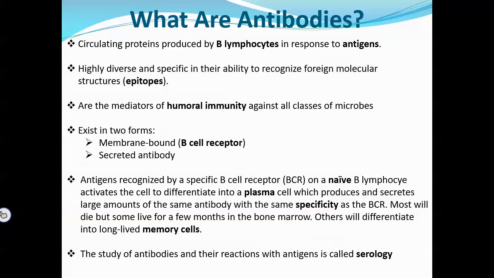When the B cell via the receptor has been stimulated on recognition of an antigen and makes antibodies, these B cells differentiate into what are called plasma cells. So these are fully dedicated cells that proliferate, and their only role is to make and release these antibodies. Once the antigenic load has been reduced, once the infection has been dealt with, most of those antibody-producing plasma cells will die, but some of those cells will remain alive and keep on growing.